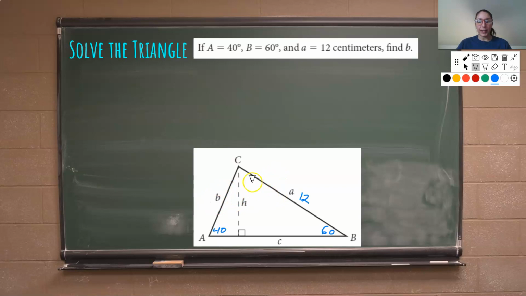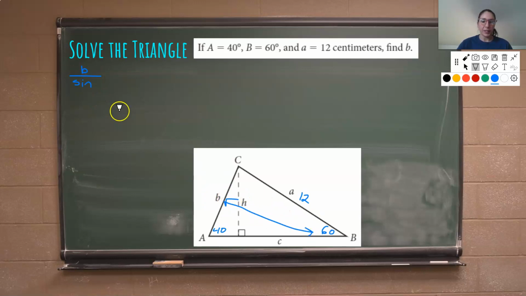Well, I could try to do some trig magic with SOHCAHTOA, but that's going to take me a long time to eventually find little b. Instead, I can use law of sines. I have two angles and a side given. This is exactly where law of sines comes in. So I take the opposite side over the sine of its angle, so these guys go together.